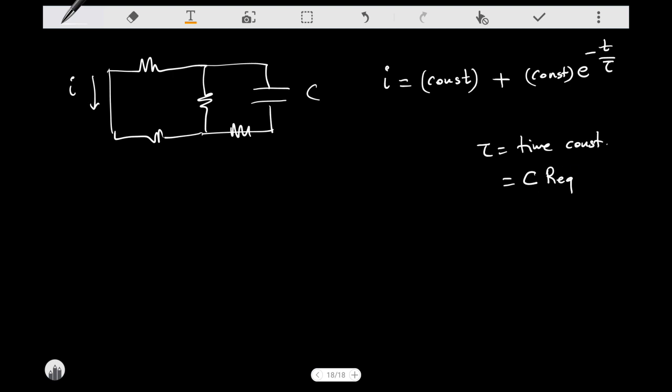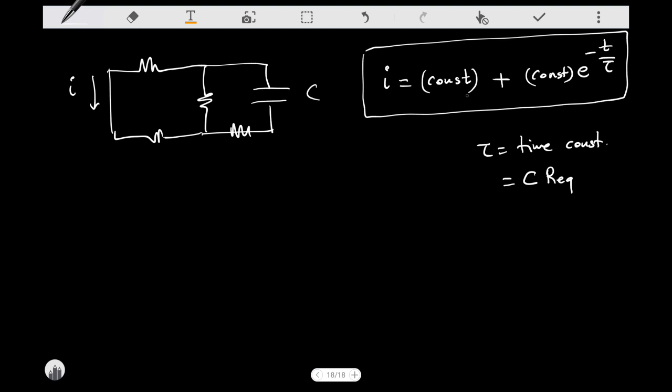So this function can be computed, provided that you can find what these constants are. But by doing the analysis in the way that we have done, you can easily find these. At t equals infinity, you know how the current should behave. So you have some kind of an idea about what the current should be.